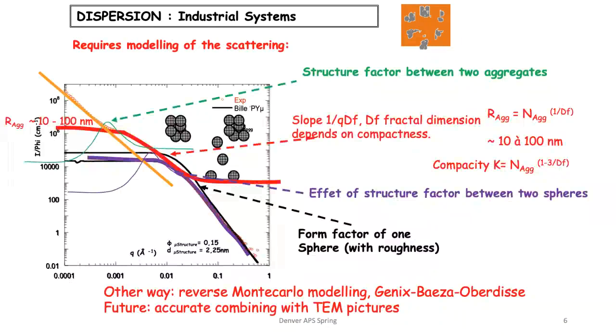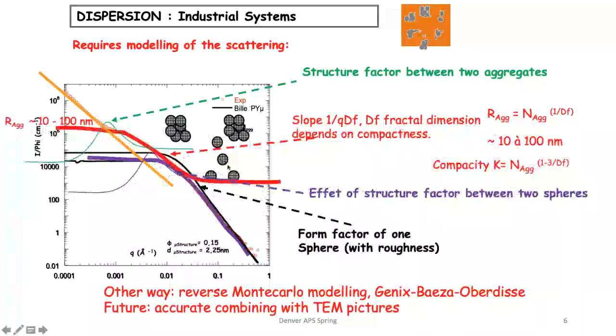So the way of accounting for the shape is to build progressively the scattering, starting from the form factor of a single nanoparticle, and then adding some interactions between the particles. This modifies the scattering at low Q here.